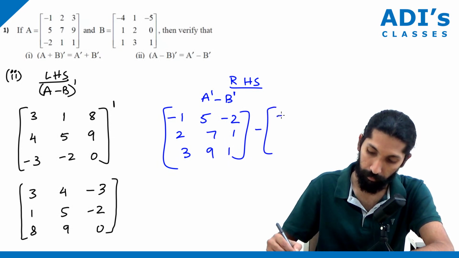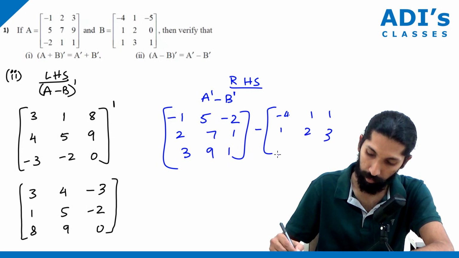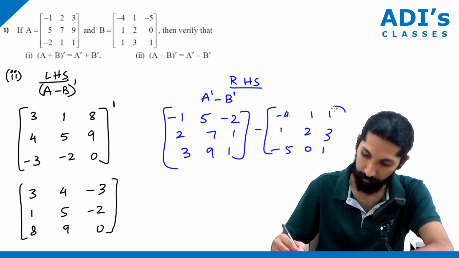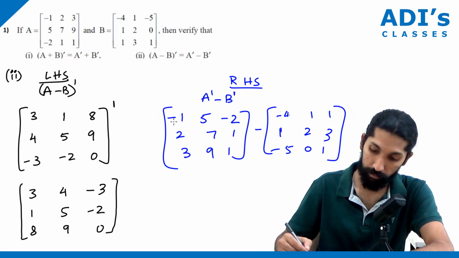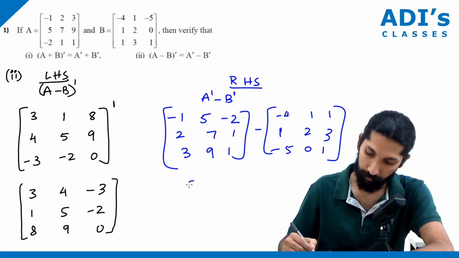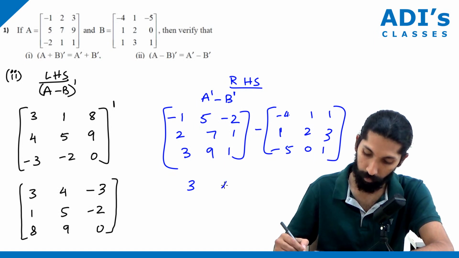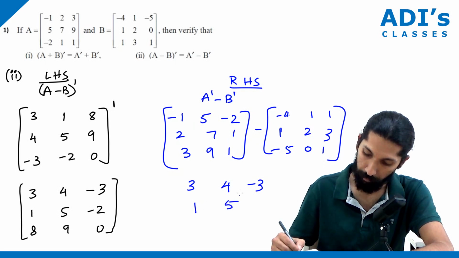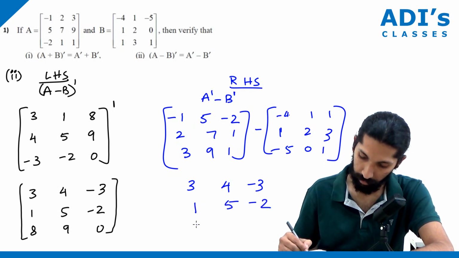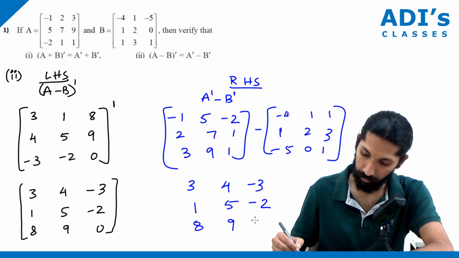B dash is minus 4, 1, 1, 1, 2, 3, minus 5, 0, 1. Correct? Subtract. So you're going to get 3, 4, minus 3, 1, then 5, minus 2, then 8, 9, 0.